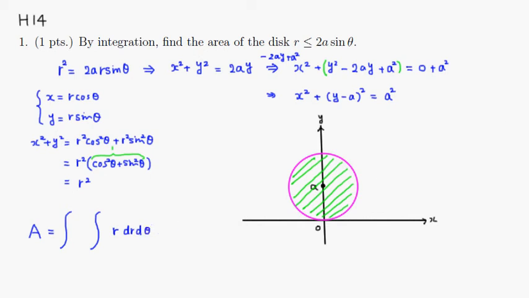That's just the area element, so this is simply dA. Then we just have to have bounds: r here, and theta here, to describe the entire disk.